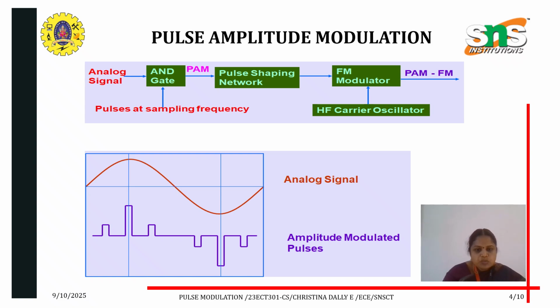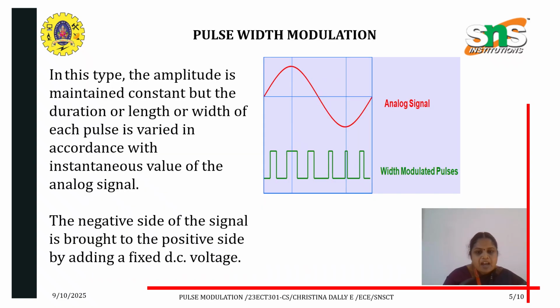It is given to the pulse shaping network, and finally to the FM modulator. We apply the input in the form of an analog signal, and the output will be in the form of amplitude modulated pulses. This is the output of this PAM.